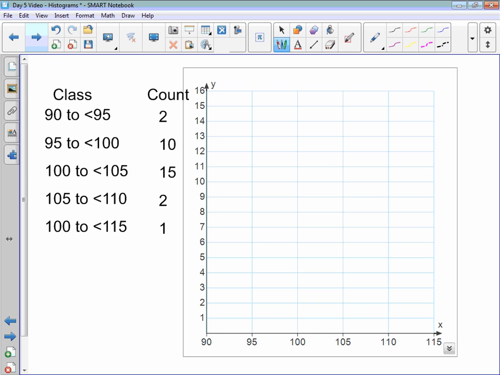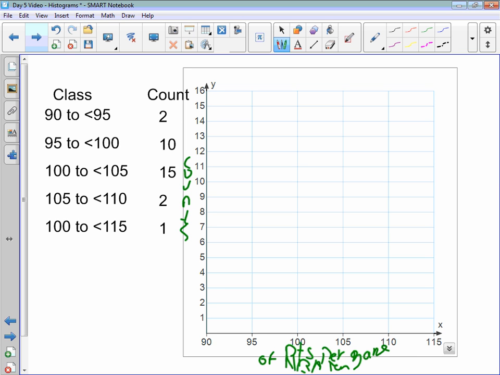We already got our graph paper, and we set out, and this axis is points per game of NBA teams in whatever season, and this one is counts.